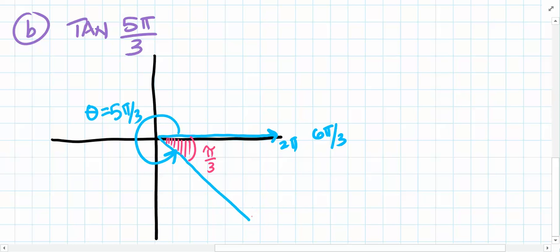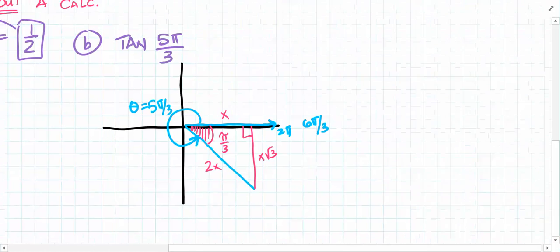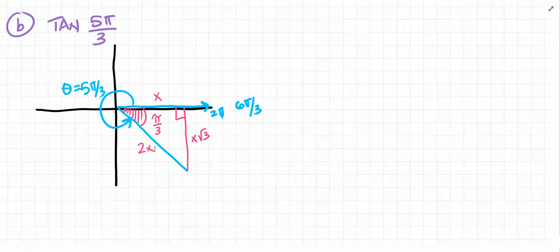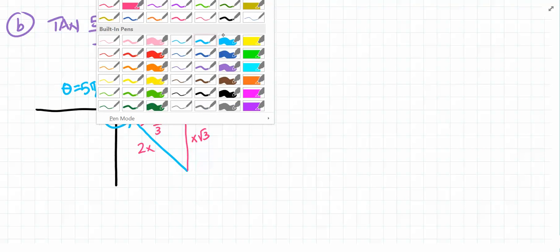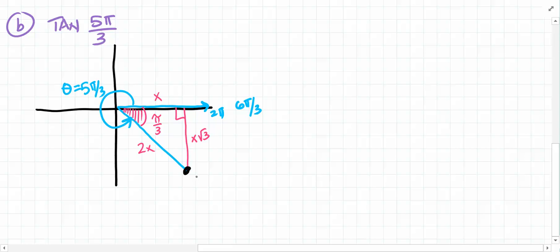Okay. Now, I can draw my reference triangle. So I have a 30, 60, 90. So that means that across from 60, this is x radical 3, this is regular x, and then this is 2x. Okay? So there's all the information I know about a 30, 60, 90. Now, let's consider a point on that terminal side.